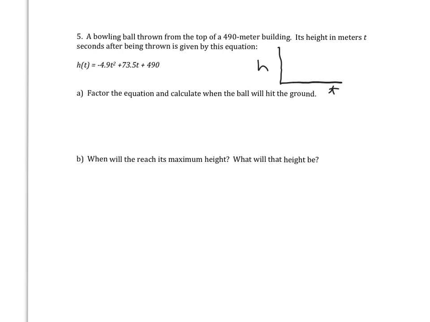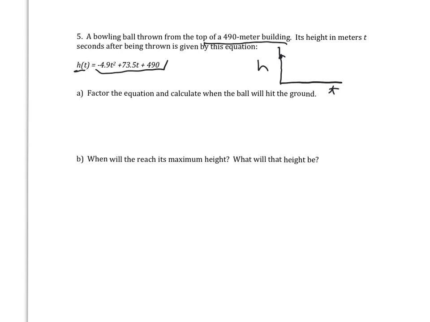So we're starting when time is equal to 0 at the top of a 490-meter building. And the height of the ball after t seconds after it's been thrown is given by this equation here. So height at t seconds, h of t, is equal to negative 4.9 t squared plus 73.5 t plus 490.